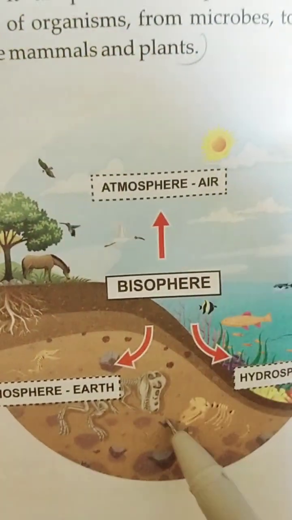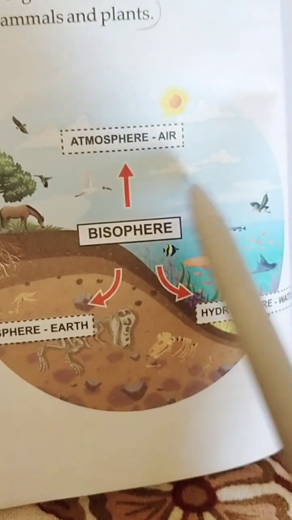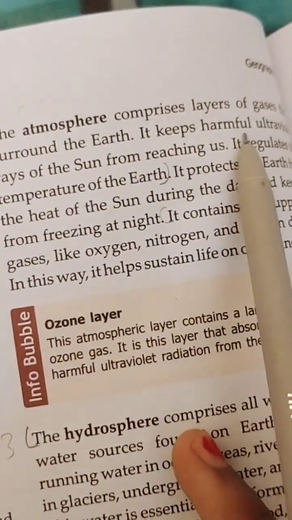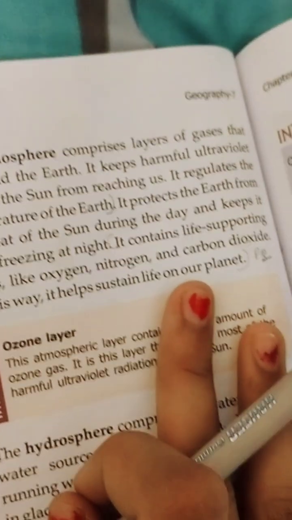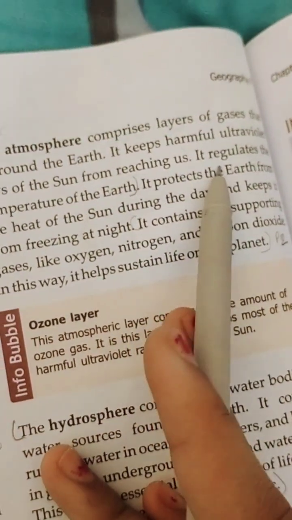Now we are going to read atmosphere. Where is the atmosphere? Here. It comprises air. You can remember it by A and A, same as lithosphere. The atmosphere comprises layers of gases that surround the earth. It keeps harmful ultraviolet rays of the sun from reaching us.